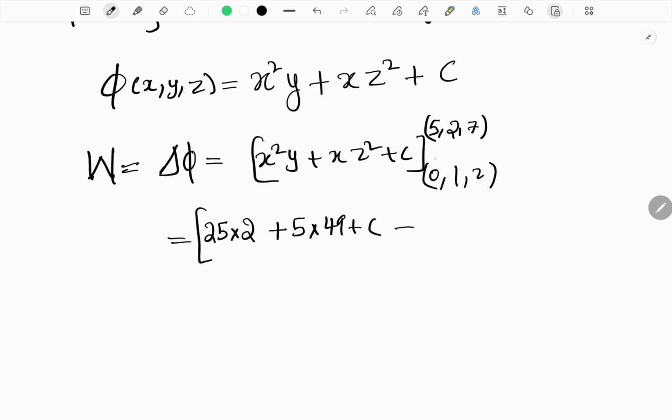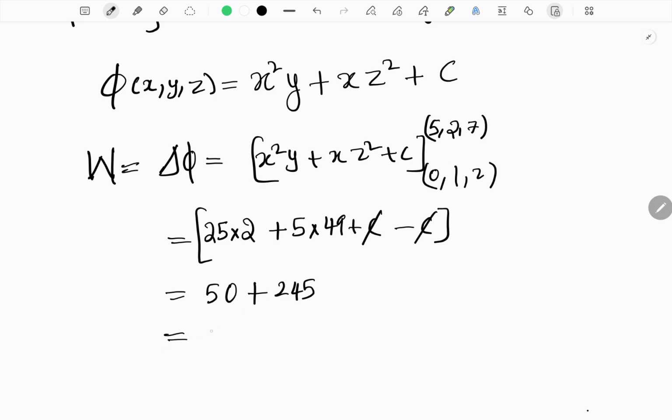Because x is common for the first two terms and the value of x is 0 for the initial point, the first two terms will go to 0, so minus c. So c cancels, and what we have is 25 into 2, that is 50, plus 49 into 5, that will be 245.